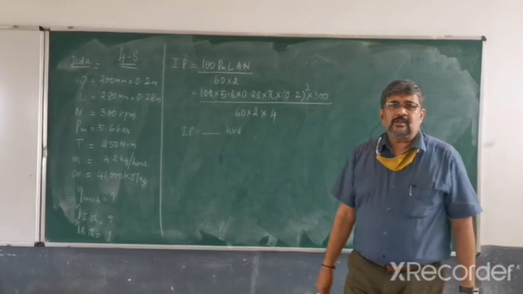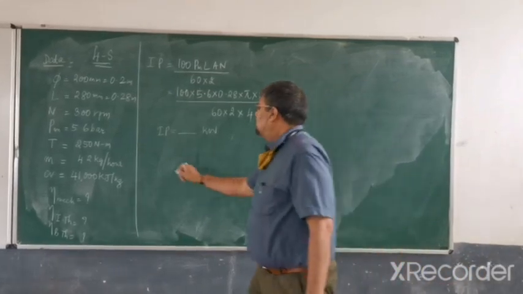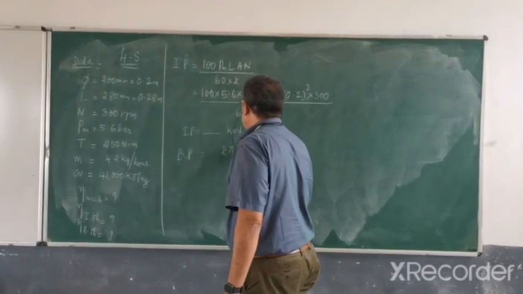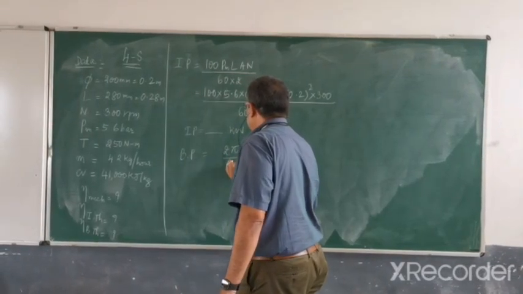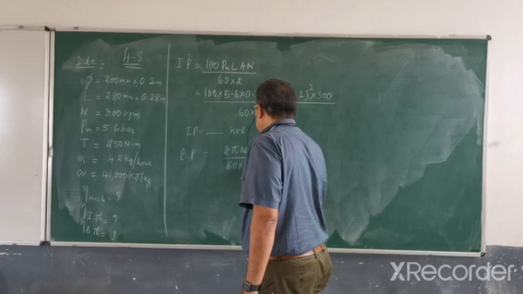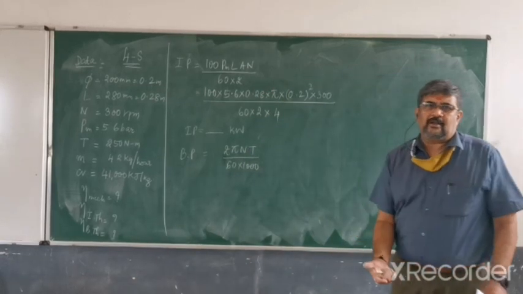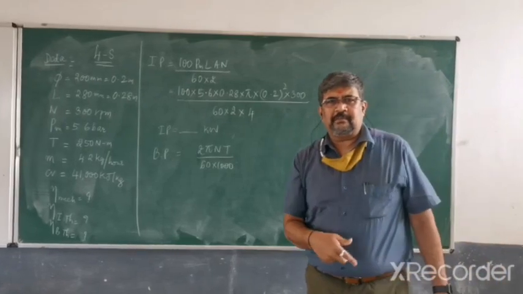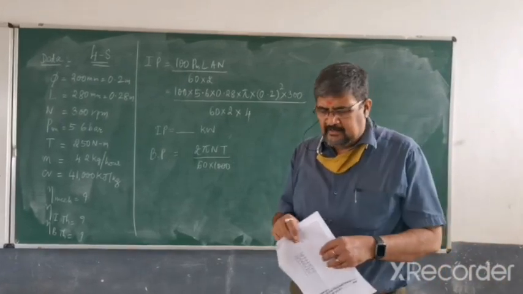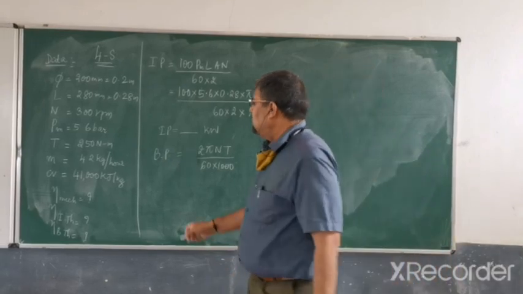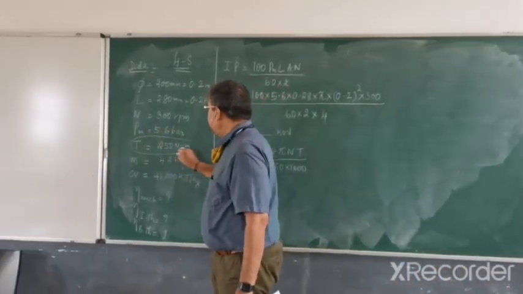Now we need to find out what is the brake power. We know that brake power is nothing but 2 pi N T divided by 60 into 1000. If the dead weight load, spring balance load, radius of the brake drum, etc. were given, then we know how to find out the value of T. But in this problem, the value of T is directly given.